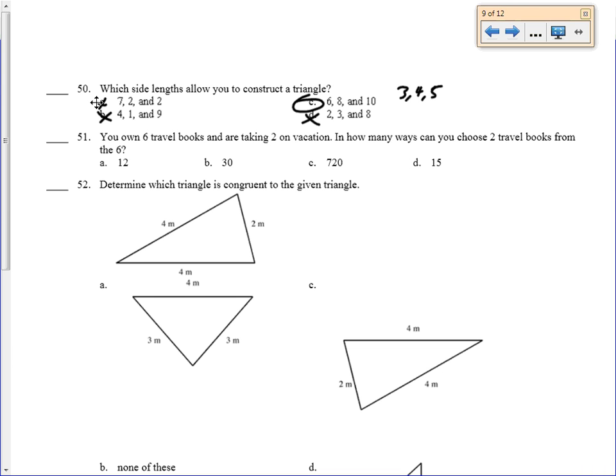You got 3, 4, 5, 5, 12, 13, 7, 24, 25. There was an 8 something in there somewhere. 8, what's 8 squared? 64. 12, what's 12 squared? When I add those together, that gives me 208. No.